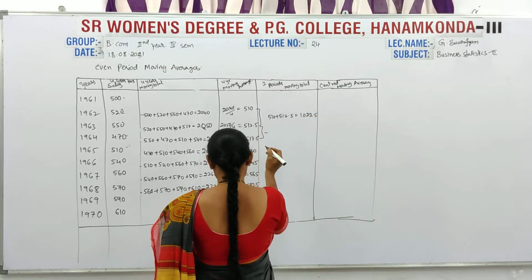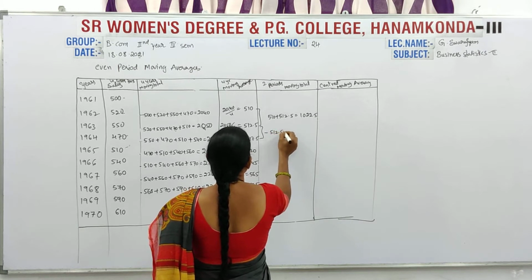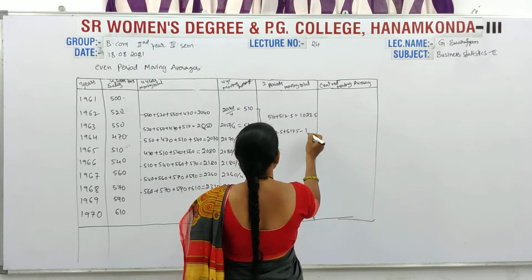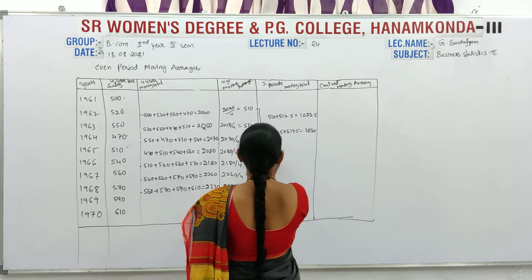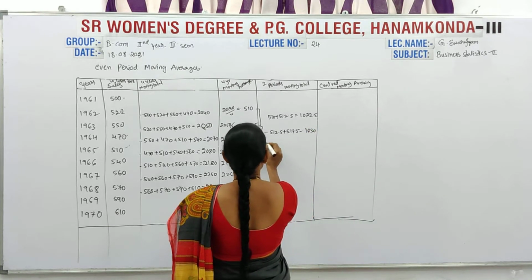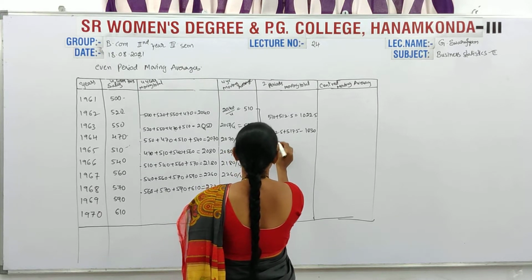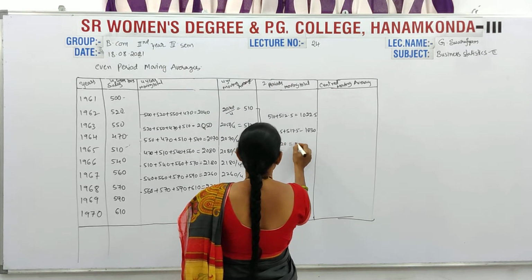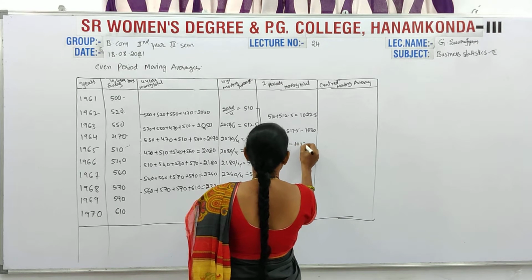Again, 512.5 plus 517.5 is 1030. Next, 517.5 plus 520 is 1037.5.